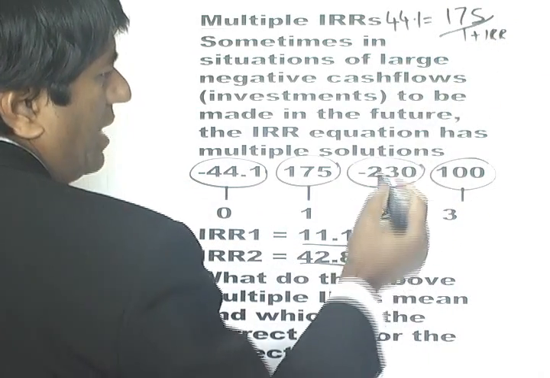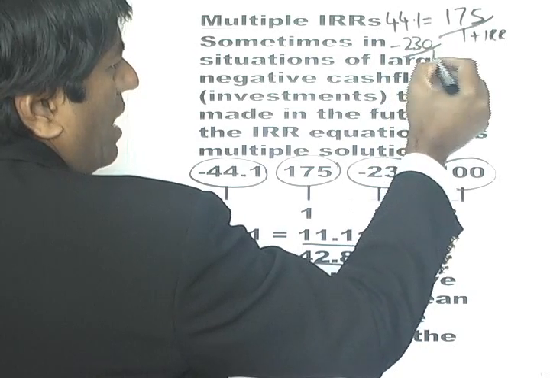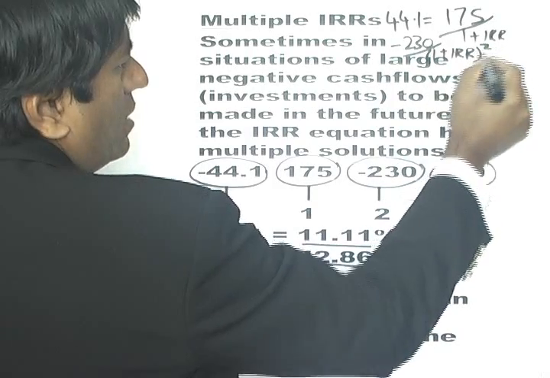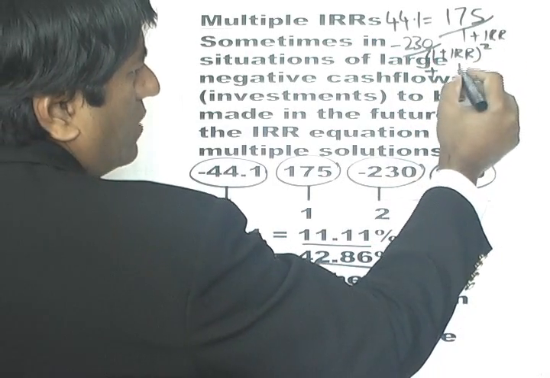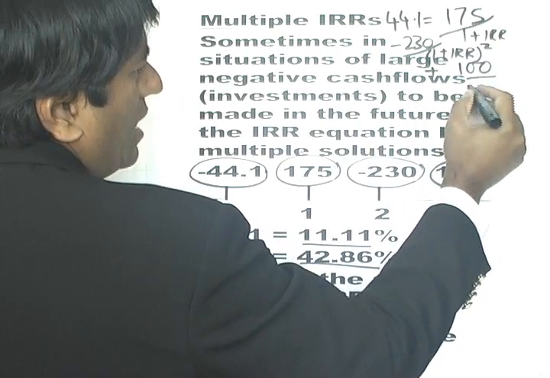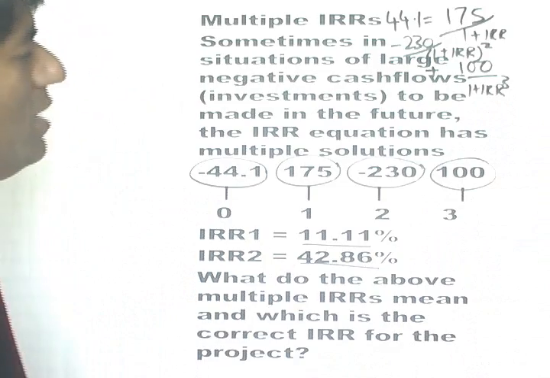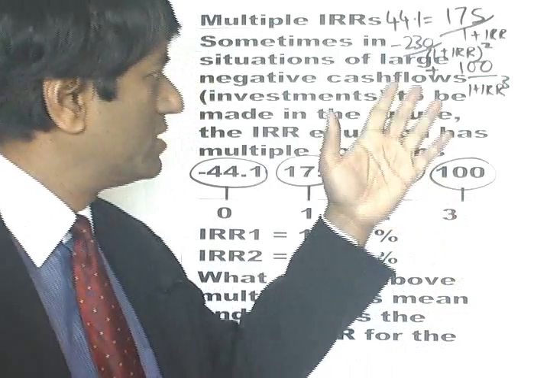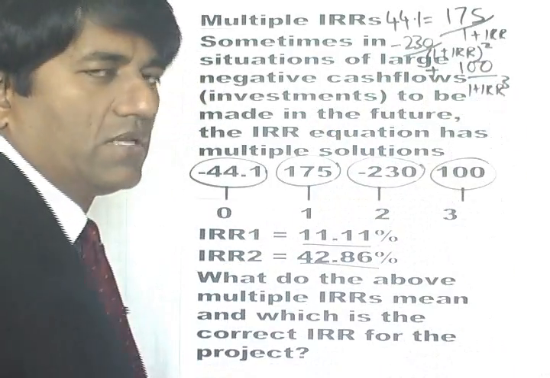Then the second year cash flow is negative, so minus 230 by 1 plus IRR squared, plus the third year cash flow is positive, so it will be plus 100 divided by 1 plus IRR cubed. So you go find the solutions to this, or just believe me that you stick these numbers into this, and you'll see that yes, these numbers work for this equation.